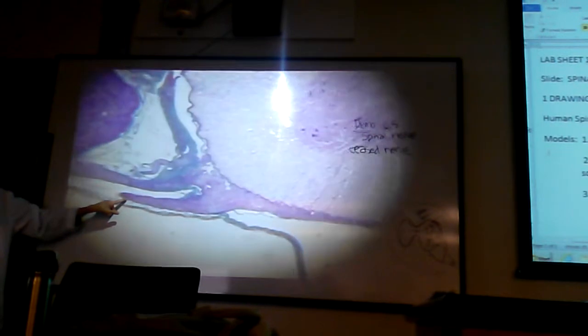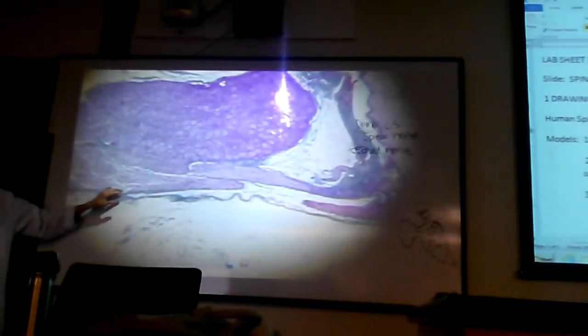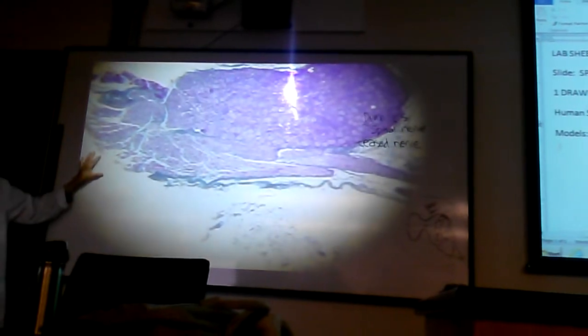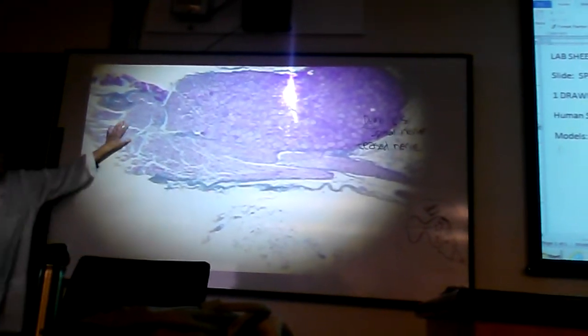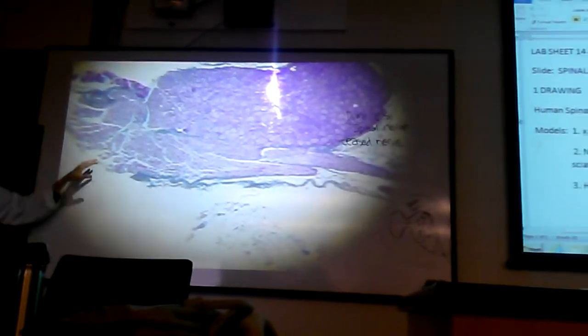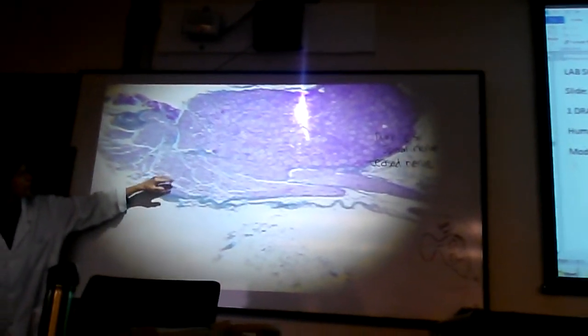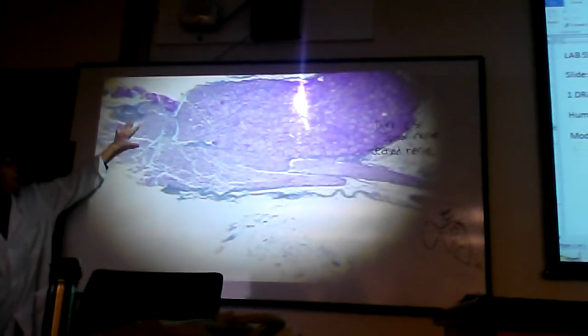So this is the ventral root. And eventually we'll go out, whoops, we didn't go far enough. But eventually out here, we'd get the spinal nerve. Well, this might be spinal nerve. I'll take it to a higher magnification. But right now, I don't see any sensory neurons in there. So this is where the ventral root would reach.